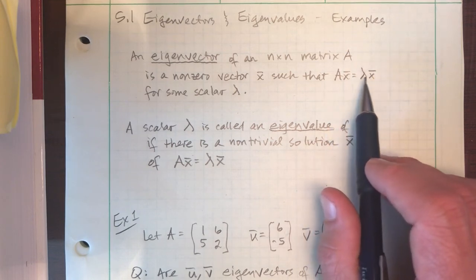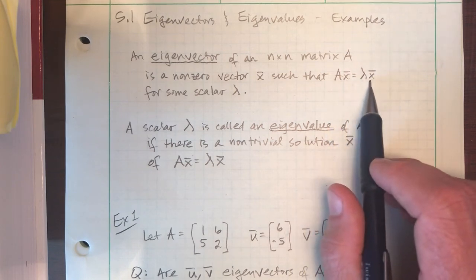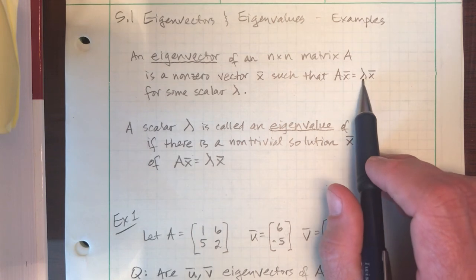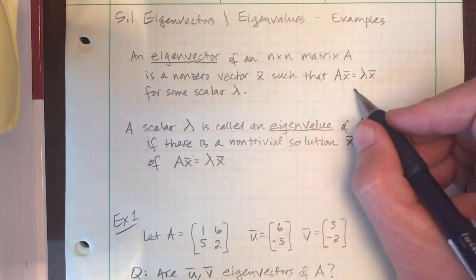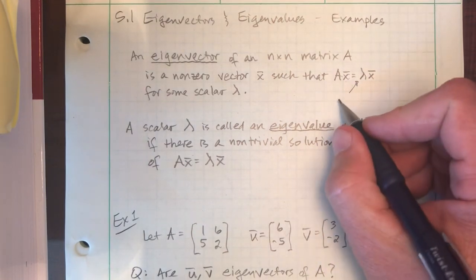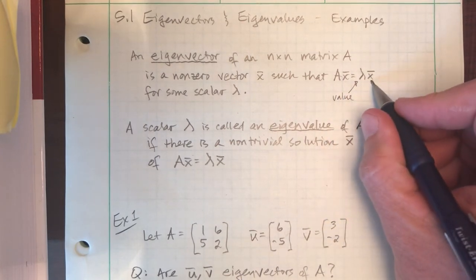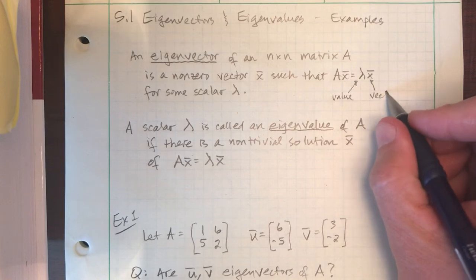Matrix times a vector equals a final vector, which this is. And so what you're seeing is whatever this first vector is, it's the same one over here being scaled by something. So this is the eigenvalue, where this is the eigenvector.